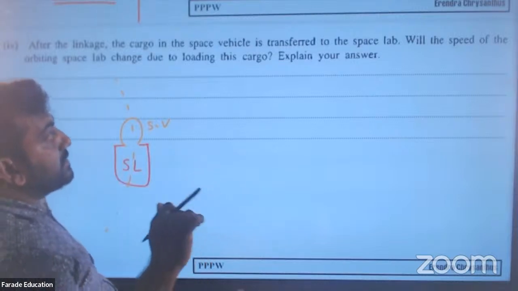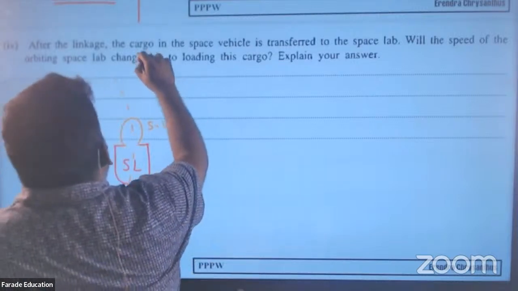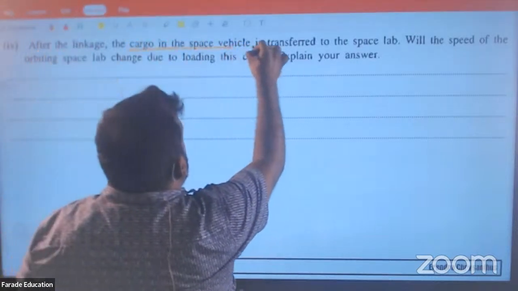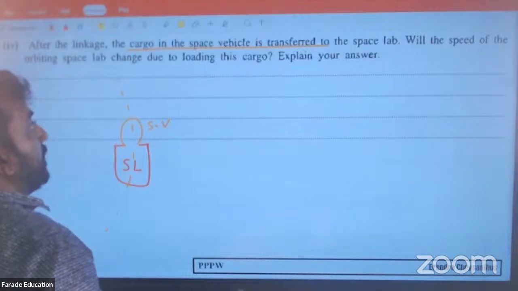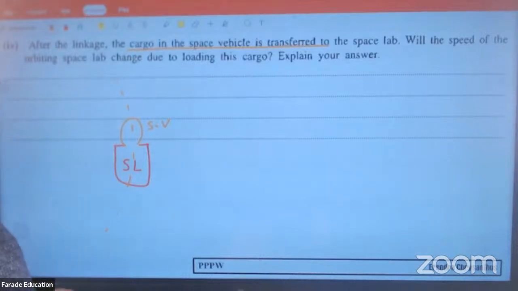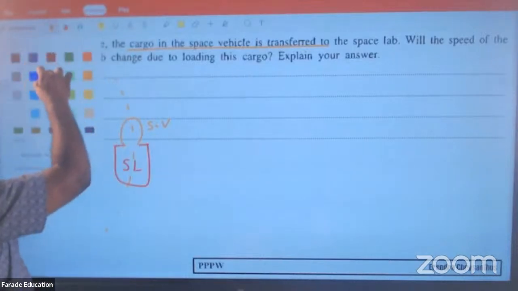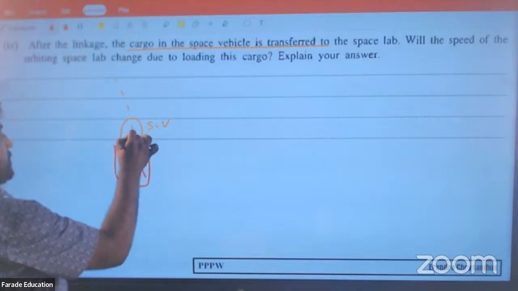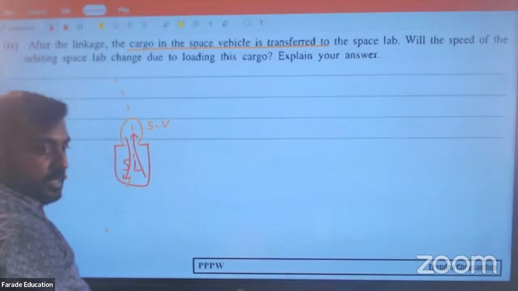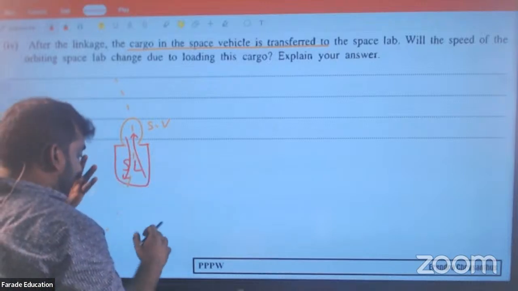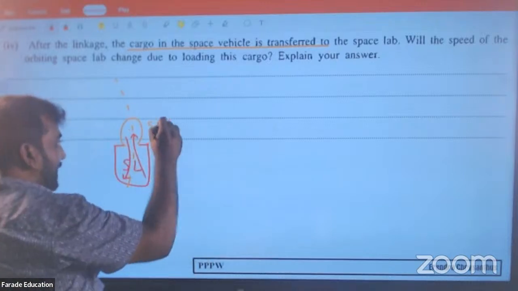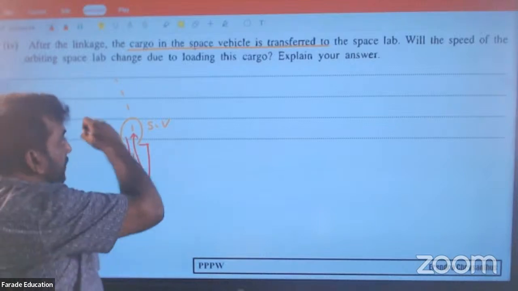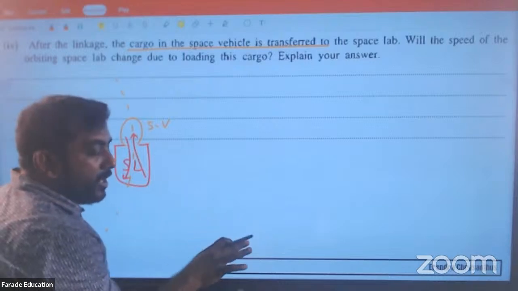But that's not what they're asking. After the cargo in the space vehicle is transferred to the spacecraft, will the speed change? Now here, cargo from here is going in, cargo from here is going there. Will the velocity change? Answer is no. Why? It's an internal process, something happening inside. So the momentum of the system will not change.